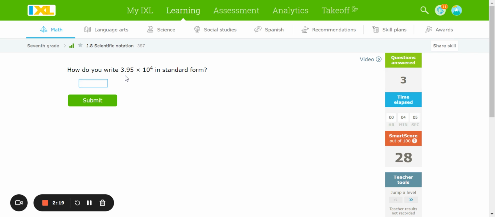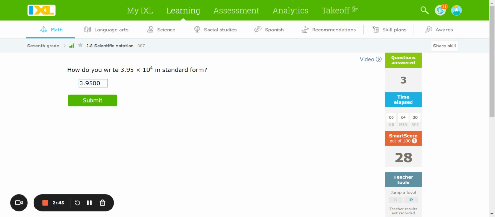This one, we're having to convert it to standard form. So I'm given the scientific notation, and now I have to convert it. So I'm going to start out by writing this number, 3.95. And then I have to jump that decimal to the right 4 times because my exponent is a positive 4. So if I jump it 4 times, I'm going to the right. 1, 2, right? Once I get to the end, I can start putting zeros. 3, 4, right?